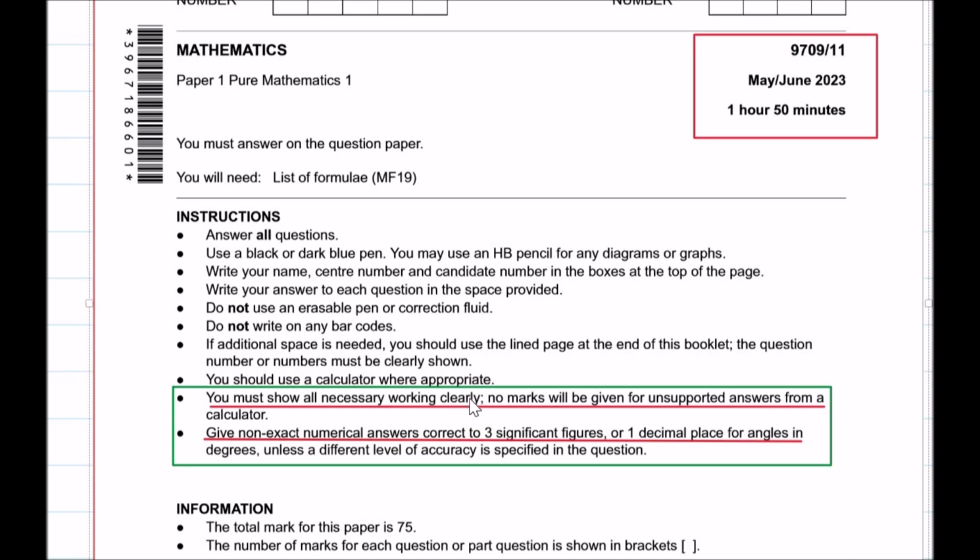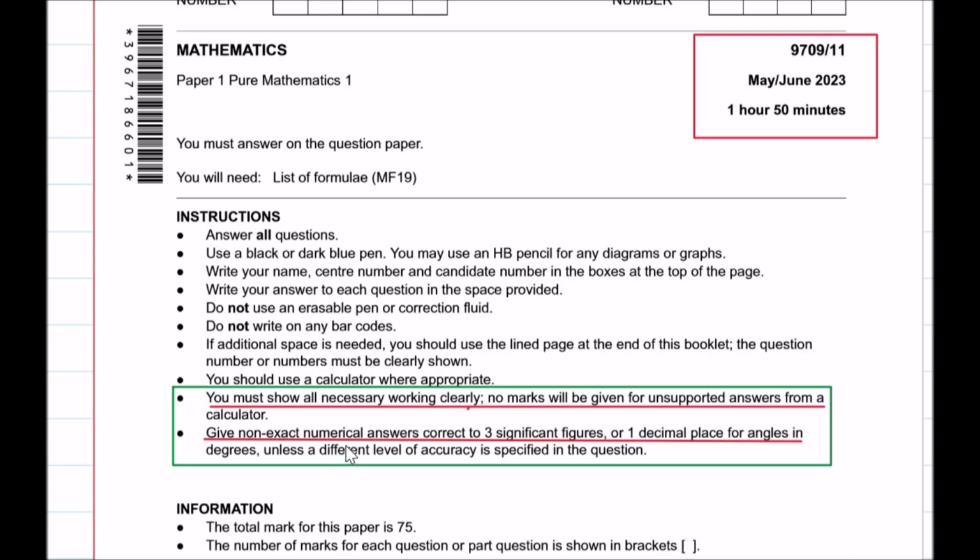So whichever method you are going to use for that quadratic equation, you need to show it. If you are solving by the quadratic formula, you need to show the steps. If you are solving by factorization, then you need to show the factorization method. Then only the mark will be awarded. So be very careful. Students lose marks there.